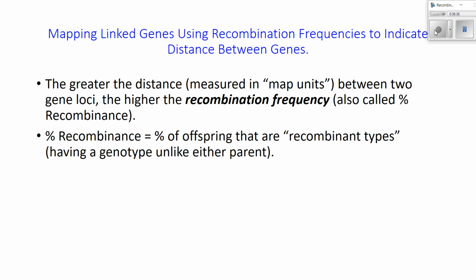And if it's a big number, that means the two genes in question are far apart. And if it's a small number, that means those two genes are close together. And so we can begin to construct a map that shows the relative positions of those genes on the chromosome.